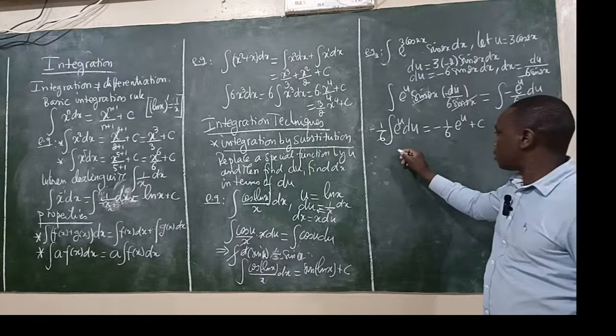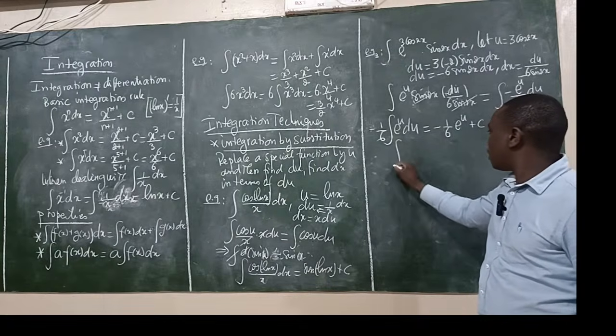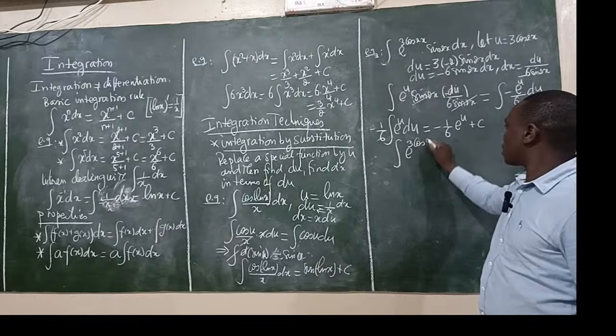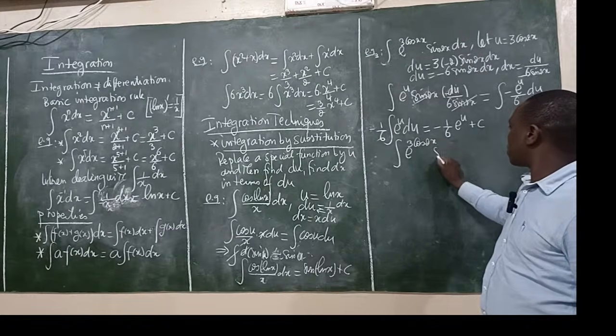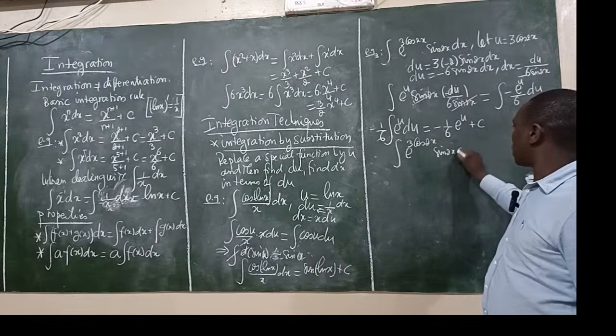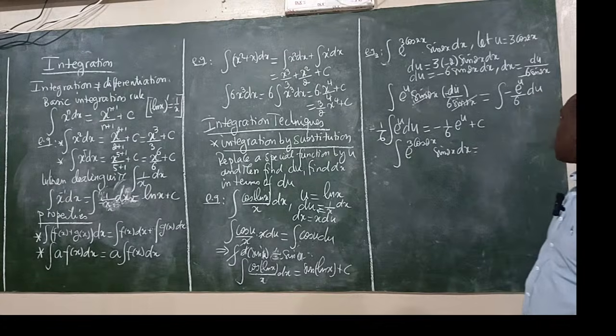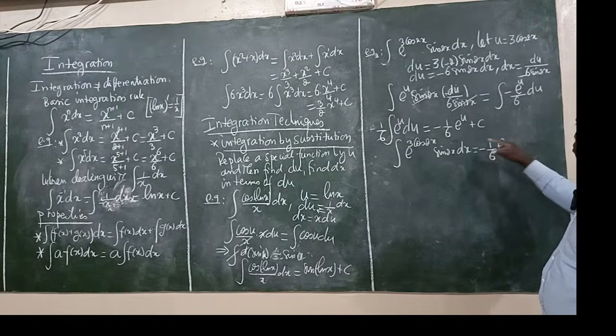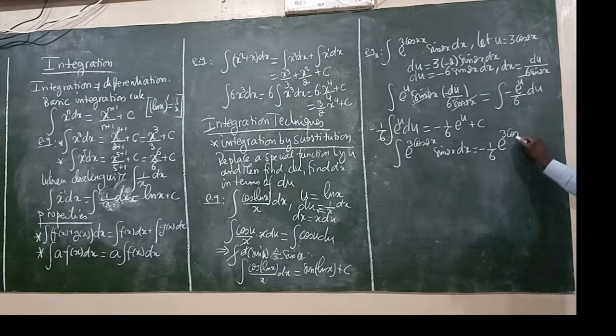So the integral of e to 3 cosine 2x times sine of 2x dx is going to be minus 1 over 6 e to the 3 cosine 2x, then plus a constant of integration.